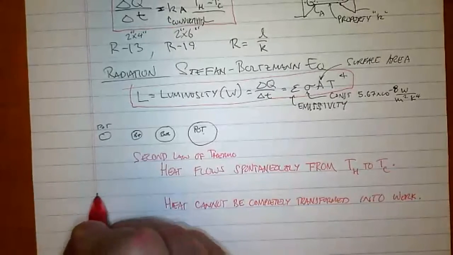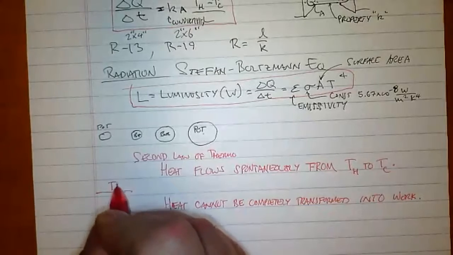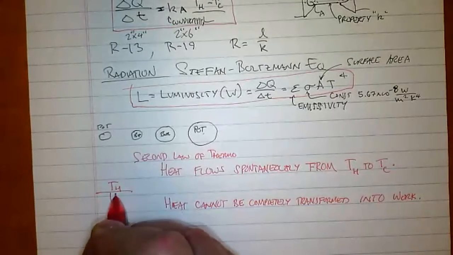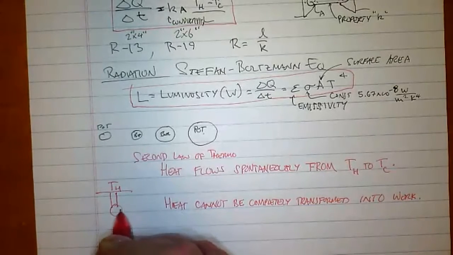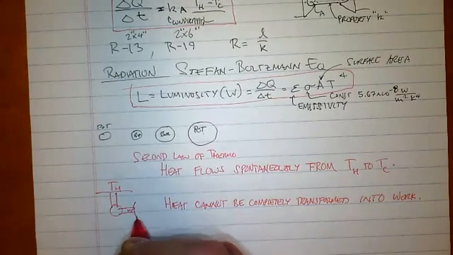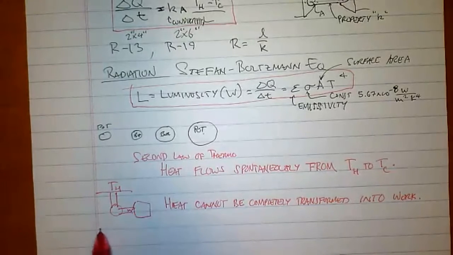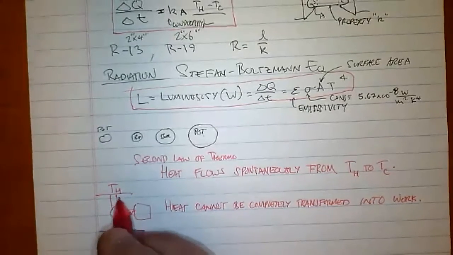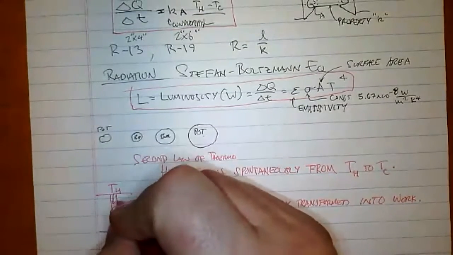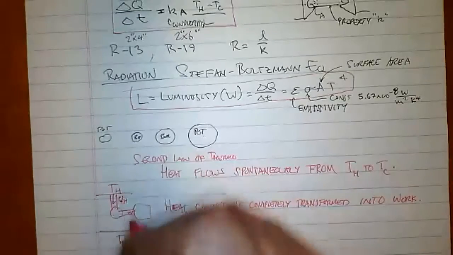And the drawing they normally do is they'll say T hot for a hot reservoir. They'll show it going like this and then going into work, which would be this way. And there's T cold. This does not happen. Heat does not just flow in here and come out here.